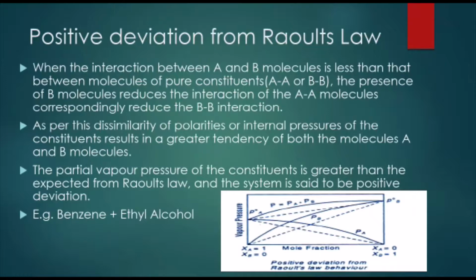So the partial vapor pressure of the constituent is greater than that expected from Raoult's law, and the system is said to show positive deviation. So PA plus PB, the value which we obtain, is far greater than the pressure expected from Raoult's law. Here the example given is benzene plus ethyl alcohol.